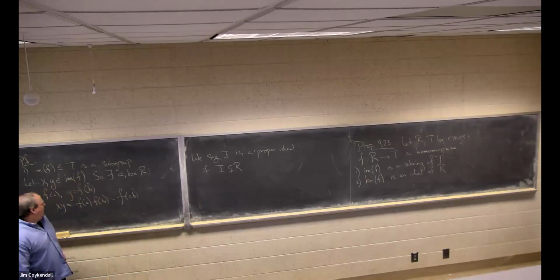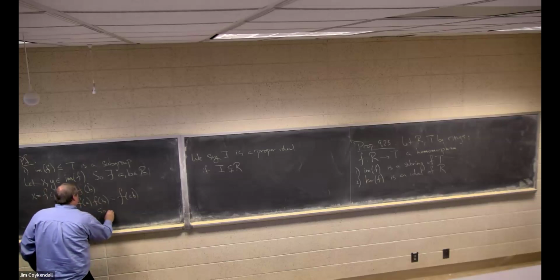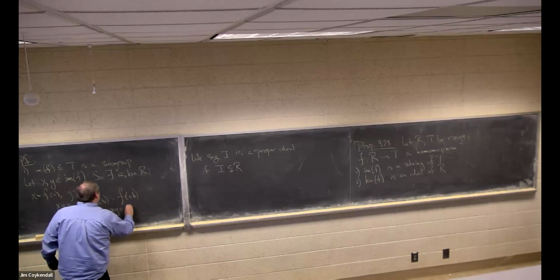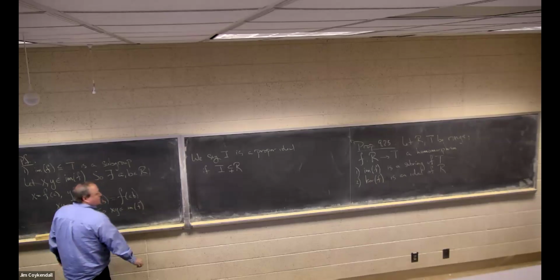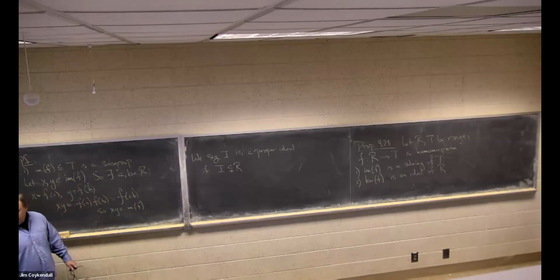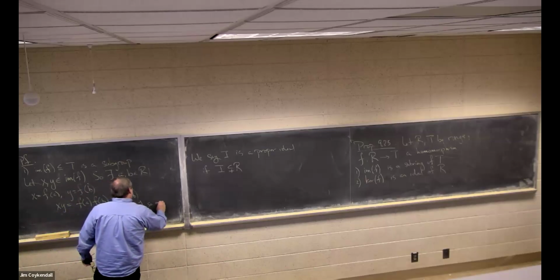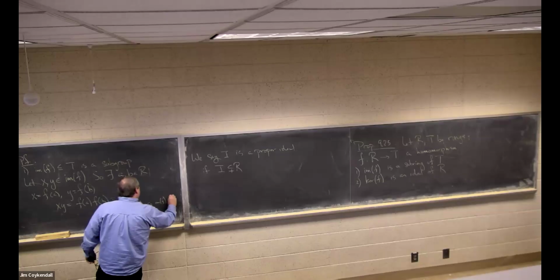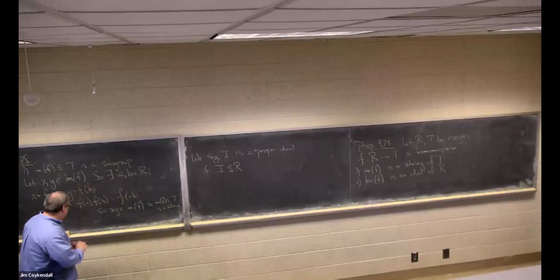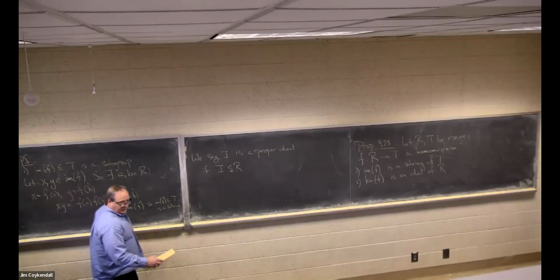Which means that xy is in the image of f as well, because it's the image of ab. So the image of f in T is a subgroup that is closed under multiplication.